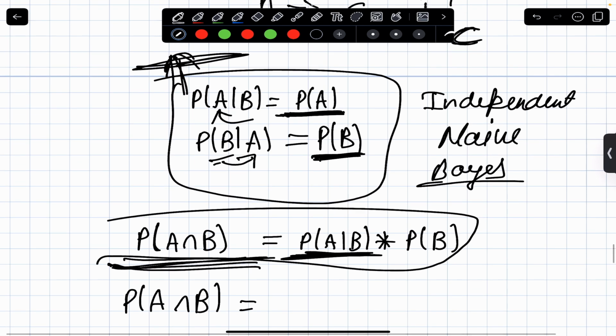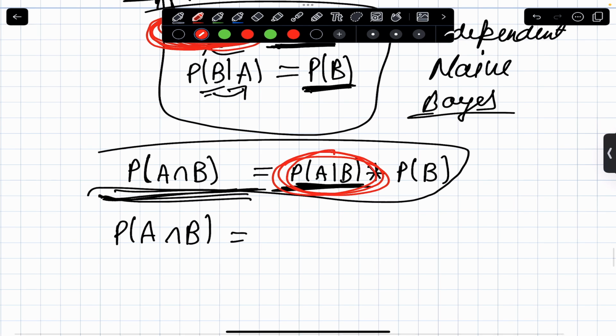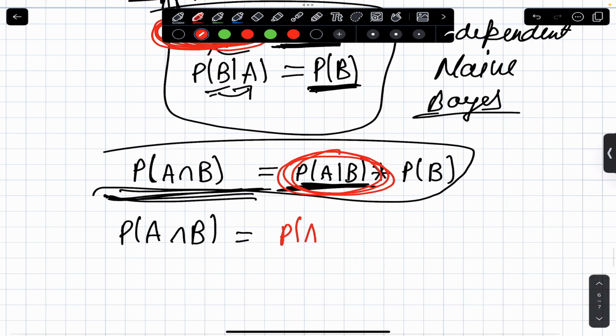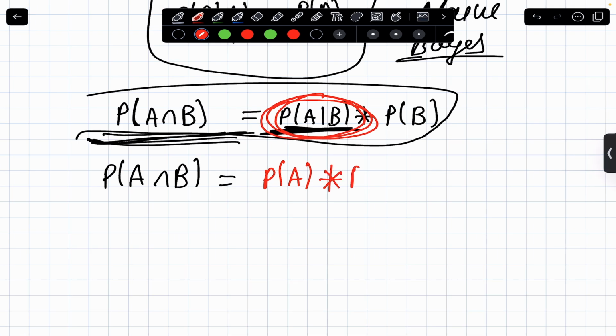See here. A given B equals the probability of A into the probability of B.